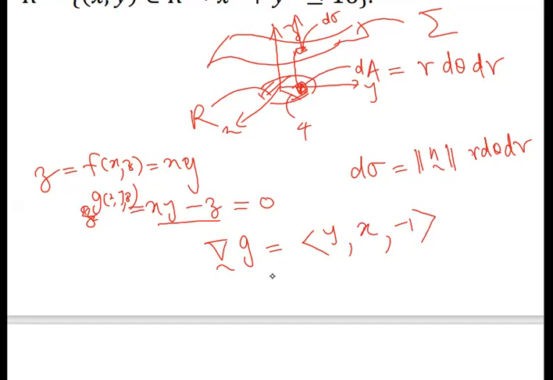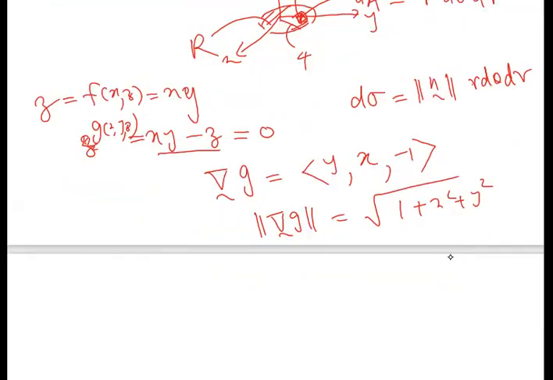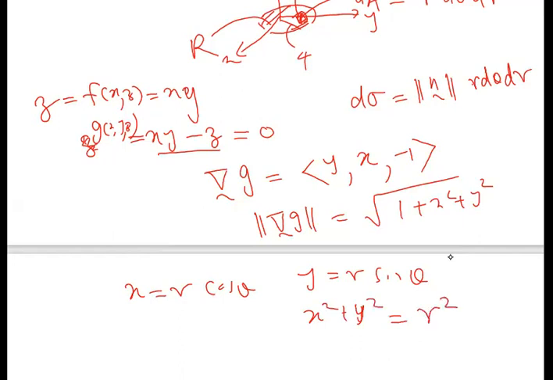Then the magnitude of this normal vector would be the square root of 1 plus x squared plus y squared. If you use polar coordinates, x is r cos theta and y is r sin theta, so x squared plus y squared is r squared.